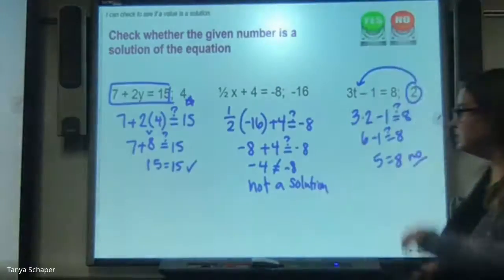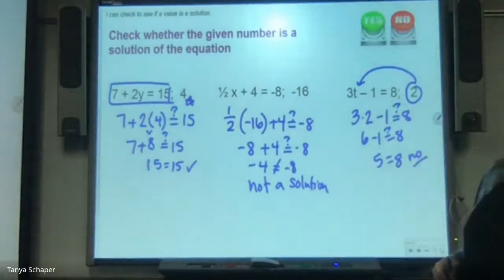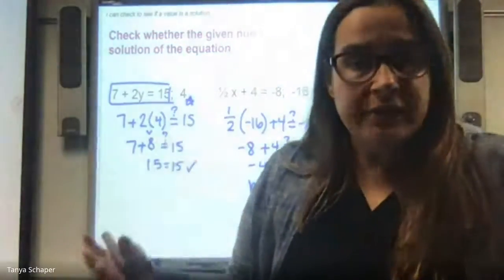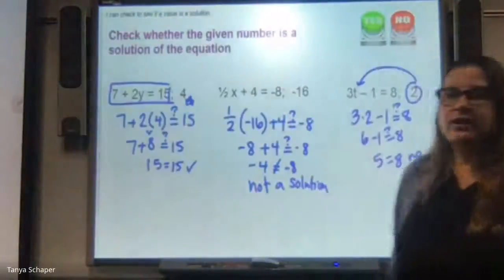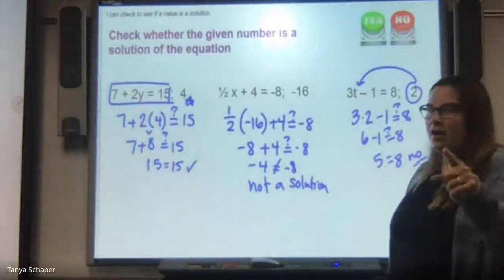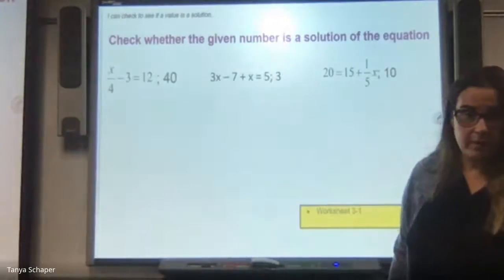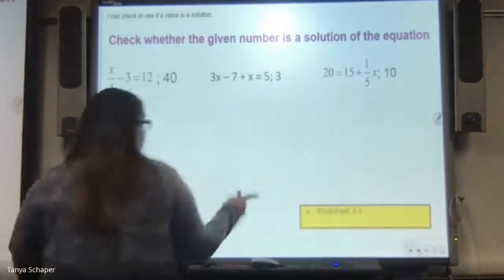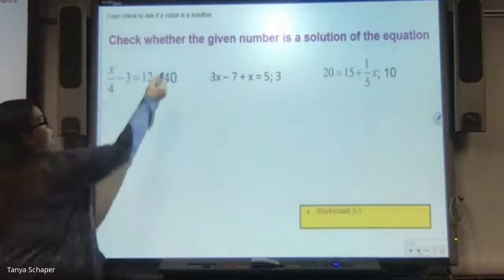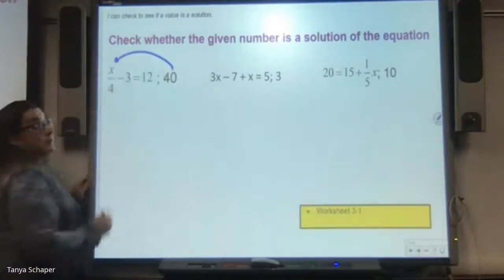Can you check solutions? Now, you might say, but Ms. Schaber, you said we can use a calculator. Do we have to show all that work? The answer is not all. Let me show you, if you're going to use your calculator, what I need to see on your paper. I need to see on your paper that you substituted the variable in.